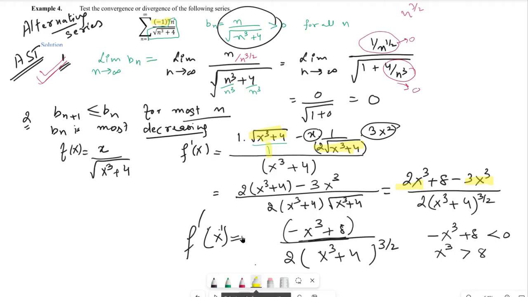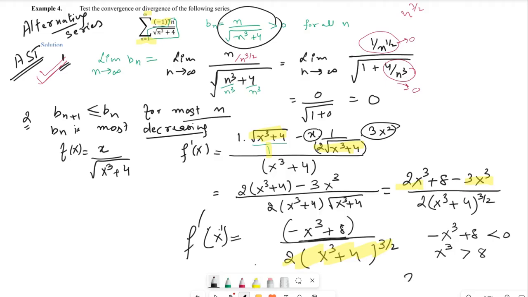Okay. Why are we saying that? The denominator is always already positive, right? Because our x values are basically n values which are going 1 onwards, so that is already positive. And x cubed for 1 cubed is not more than 8, for 2 is not more than 8.